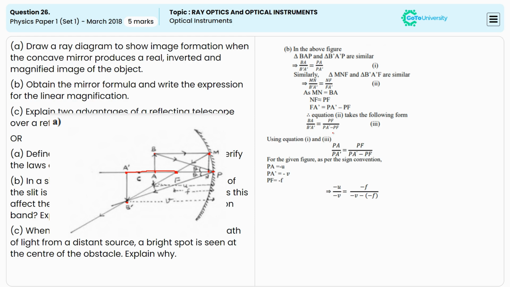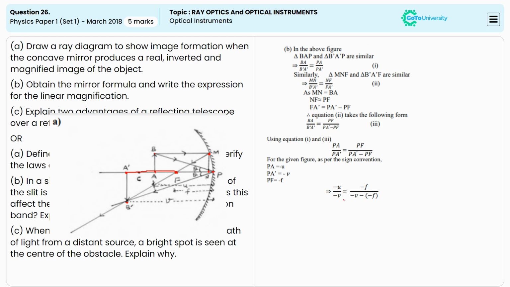Then using equations 1 and 3, we can write PA divided by PA' is equal to PF divided by PA' minus PF. For the given figure, as per the sign convention, PA is equal to minus u, PA' is equal to minus v, PF is equal to minus f.